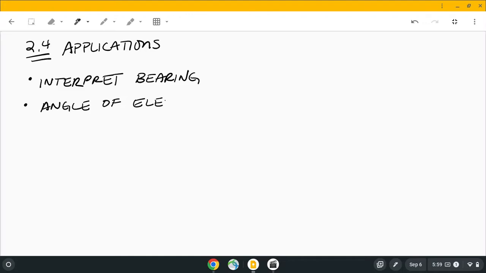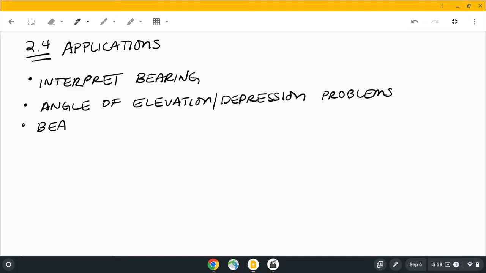So angle of elevation or depression. So we will look at these types of problems. And of course, bearing problems. Okay. All right, so let's start.